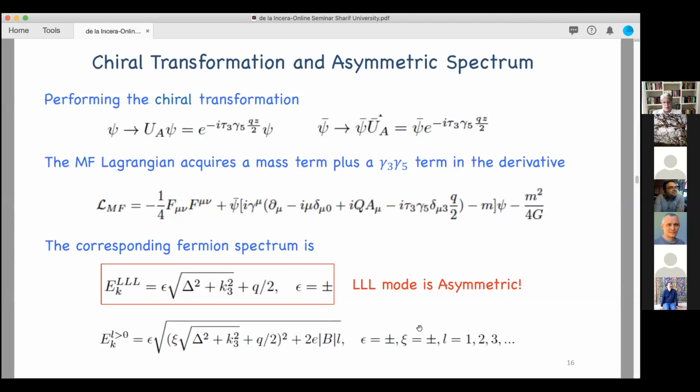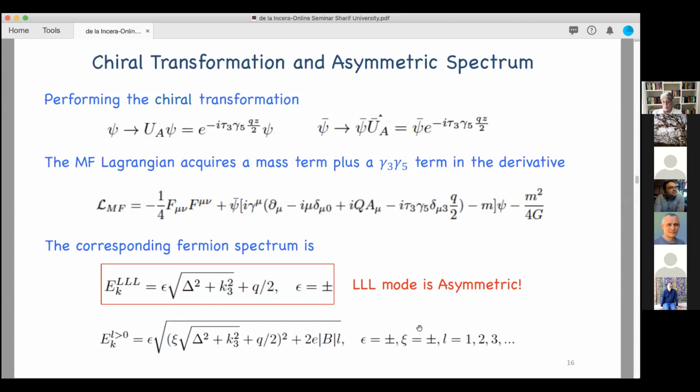This is a little bit hand waving, but I think it has to do with the fact that for the lowest Landau level, the Fermi surface is two points. That is similar to 1+1 dimensional theories, like the Nambu-Jona-Lasinio model in 1+1 dimensions, which also have an asymmetric spectrum.